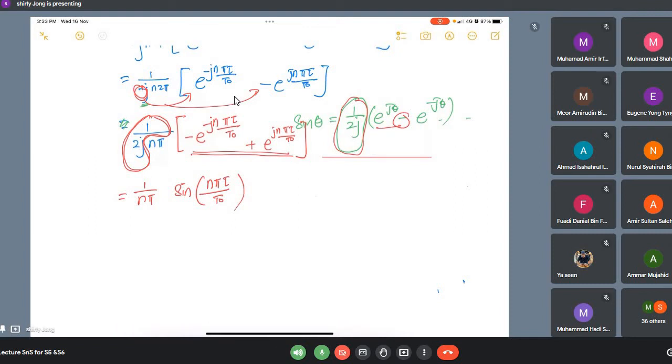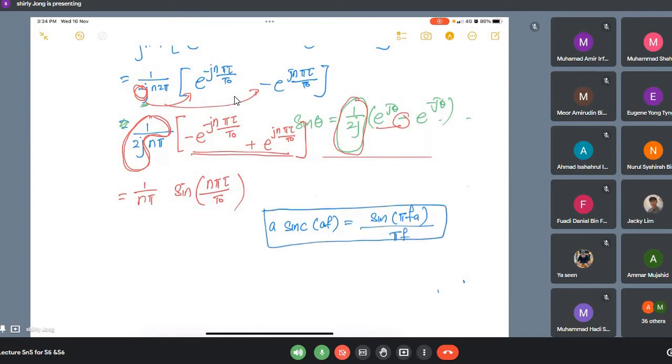So I want to change to sinc. So sinc of af is equal to sine pi fa divided by pi f. So this is again another formula for the sinc. Okay, change from the sine pi to the sinc. Okay, here is the answer. Here is the sine. You want to change to the sinc. How? Okay, you use this formula in the blue highlighted box. Okay, if you look at here, which part is the same?